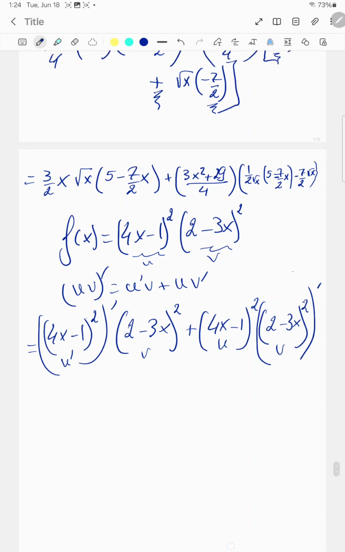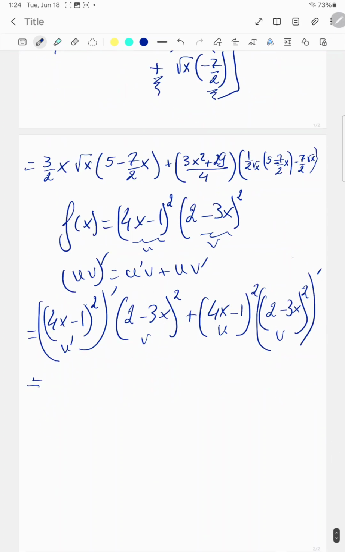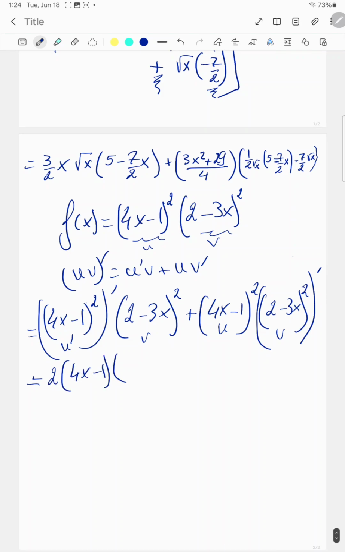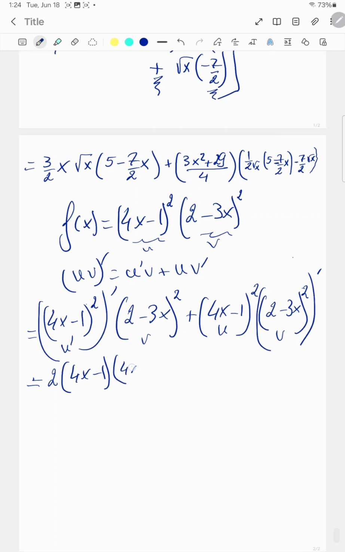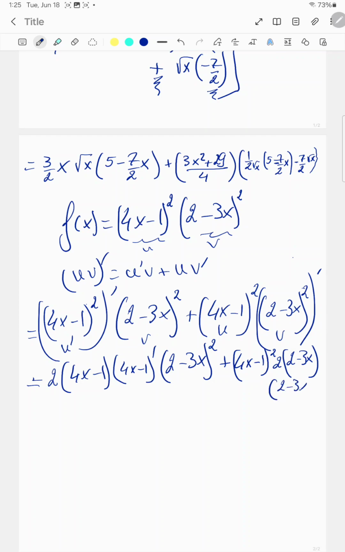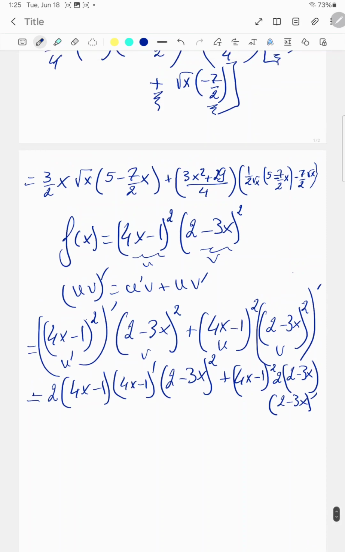So the derivative of (4x minus 1) squared is 2 times (4x minus 1) multiplied by the derivative of the inside parenthesis, which is the derivative of 4x minus 1. Then I keep my v, (2 minus 3x) squared, with no derivative. And the derivative of (2 minus 3x) squared is 2 times (2 minus 3x) to the power of 1 multiplied by (2 minus 3x) prime, the derivative of the inside.